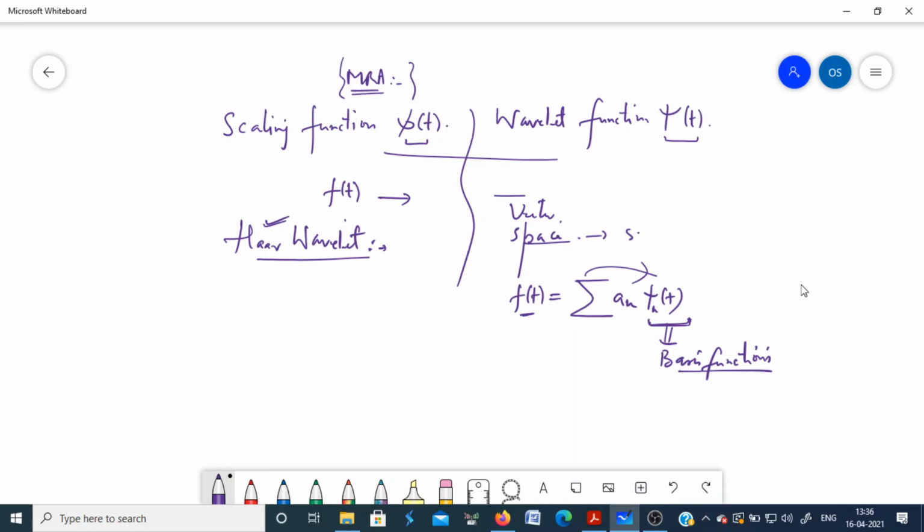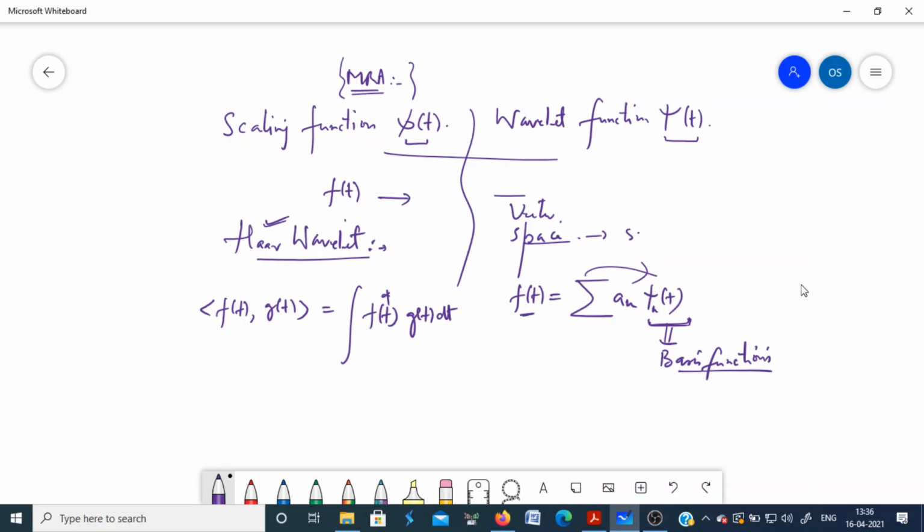And then we define the inner product between two functions, that you already know. If you have two functions f of t and g of t, their inner product is defined as the integration of f t star into g t dt. The star is for complex conjugate.